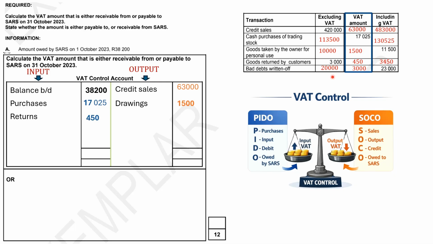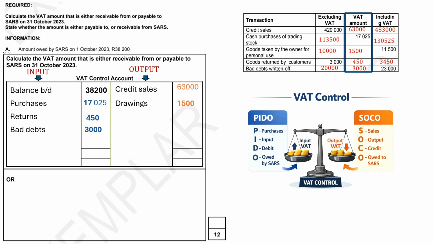Firstly, it was here under sales. We need to bring it back to this side under input. So firstly, we're going to write it under output. But now this person has run away, so we can't find them anymore. So we bring it back to input. So it doesn't go under output, it goes under input.